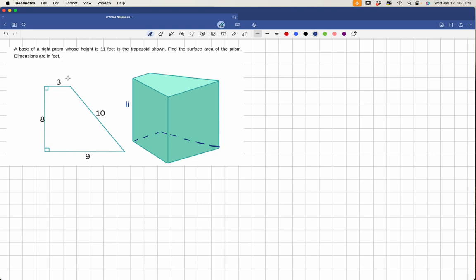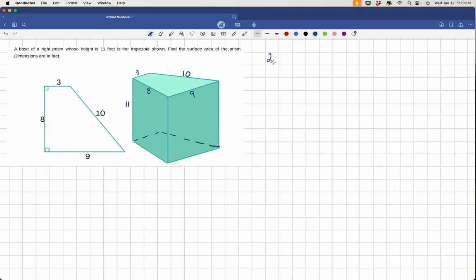Dimensions are in feet. So we have the width of each one of the sides given here. This would be 3, this would be 8, this would be 9, and this would be 10, right? Each one of these sides, we have the dimensions for it. And then we have the height. We also have these two trapezoids. We want to find the area of the trapezoid and then multiply it times 2.